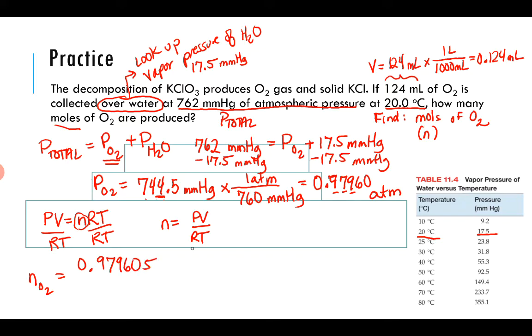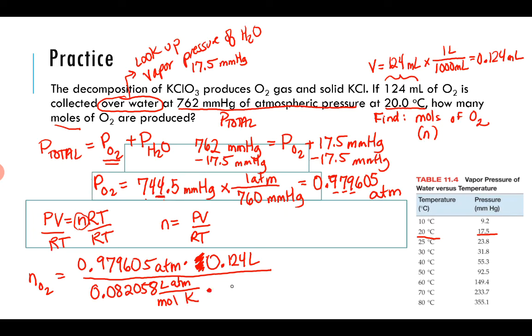I didn't write the 5 earlier. Atmospheres times my V. My V was 20 liters? No, it wasn't 20 liters. It was 0.124 liters. And then I divide by my R, which is 0.082058 liter atmospheres per mole Kelvin.